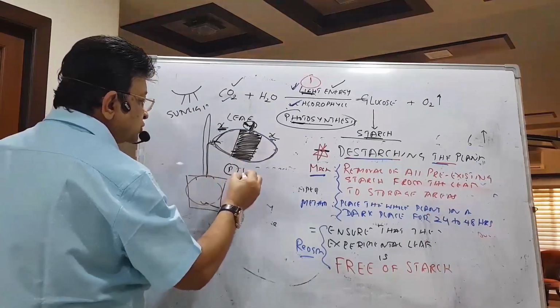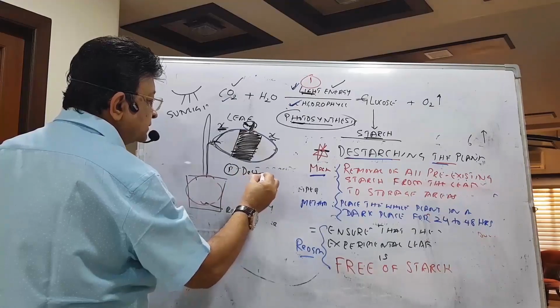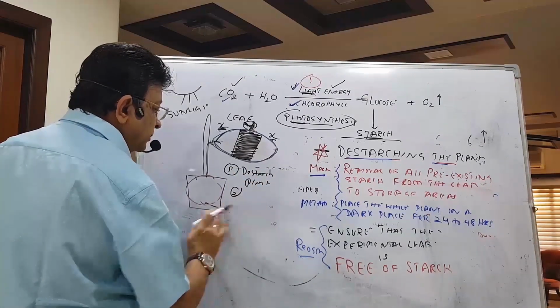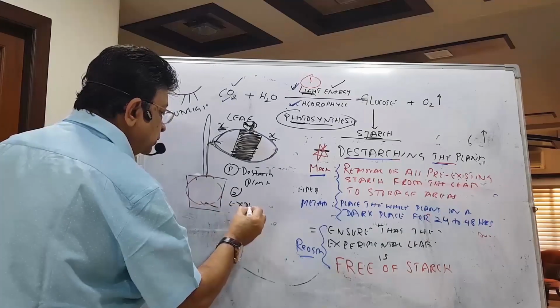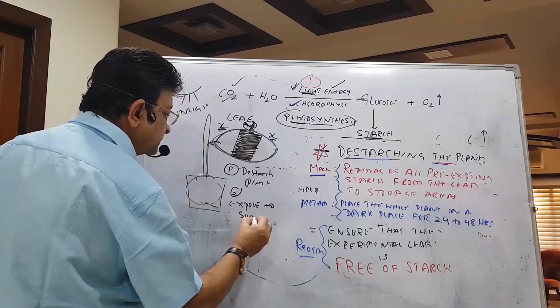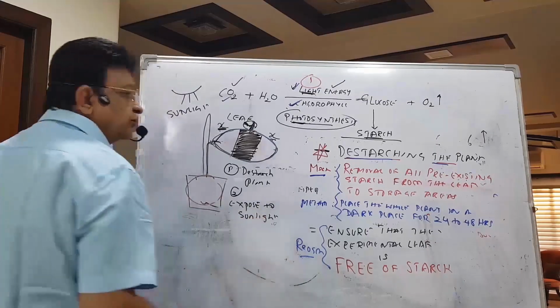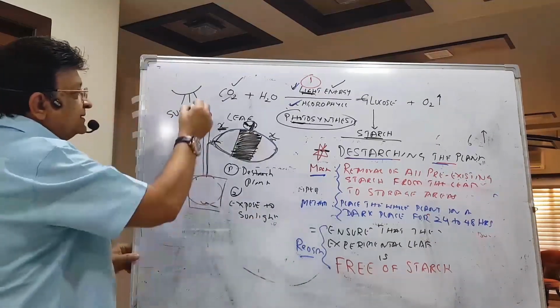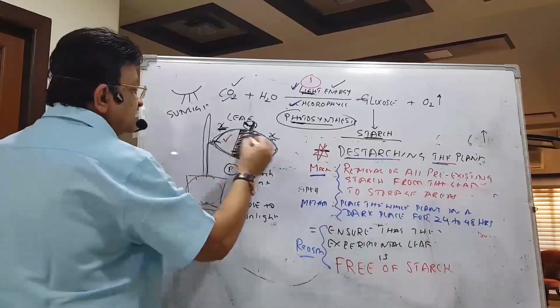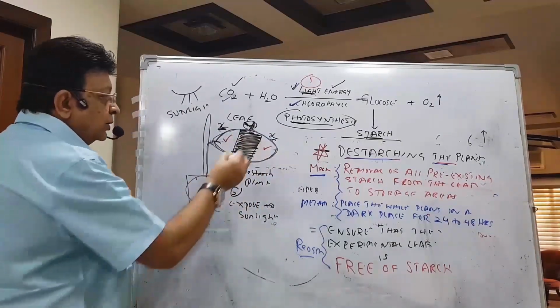So the first step is to de-starch the plant. Second step in the experiment, expose to sunlight for a few hours, 4 hours. Now you can see the light reaches. Where does the light reach? The light reaches area X. Where did it not reach?